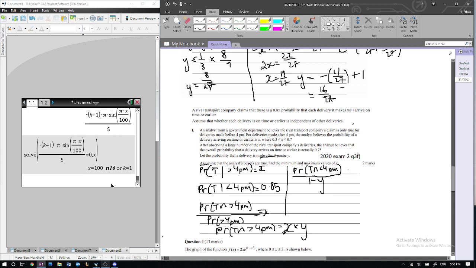So 1 minus y is equal to 0.85. That means the probability of T and before 4 p.m. is equal to 0.85 minus 0.85y.